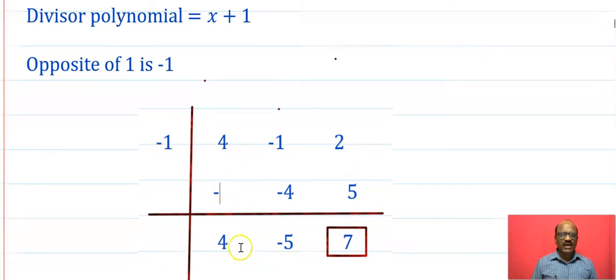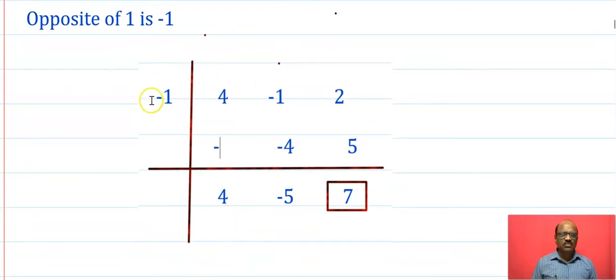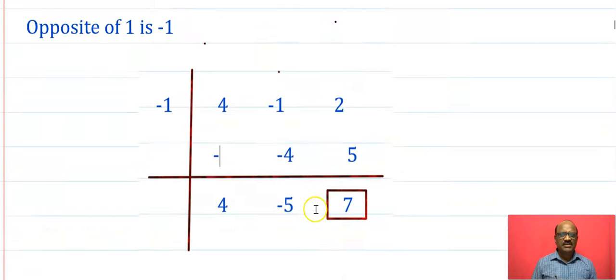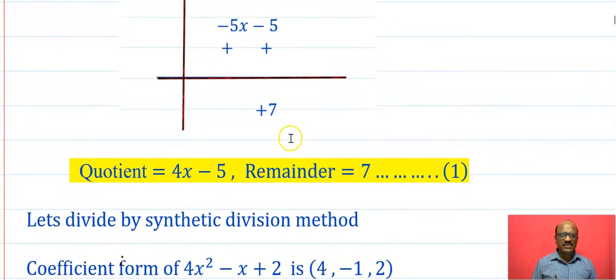Now keep the 4 as it is, that is the first term. Minus 1 into 4, that is minus 4. Minus 1 and minus 4, that is minus 5. Minus 5 into minus 1, and you will get 5. 2 plus 5, this is the 7, and the 7 is the remainder, which is same as in the previous case.